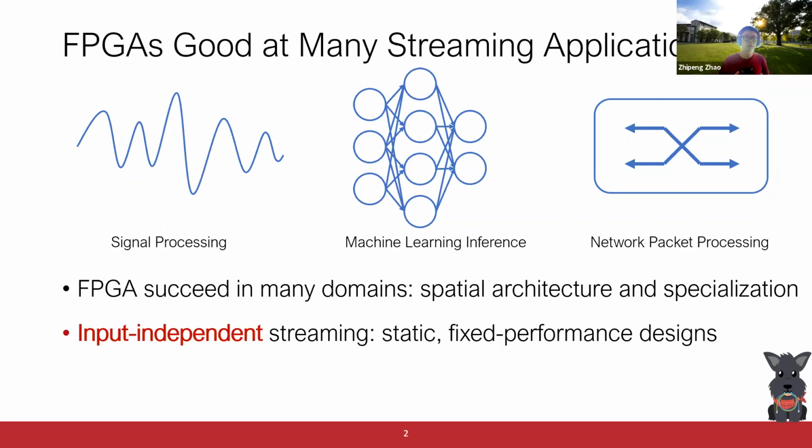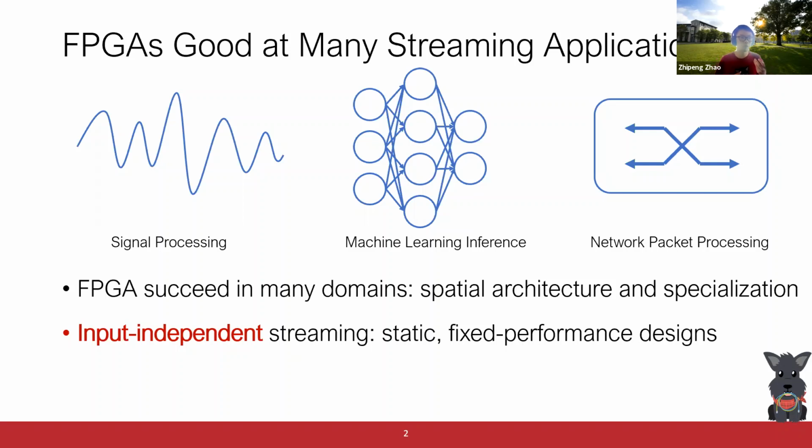However, most of the successful accelerations focused on input-independent streaming applications, where the operations on the FPGA do not depend on the content of an input unit. For instance, in a streaming machine learning inference FPGA design, different images will be accessed by the same pipeline stages on the FPGA, yielding the same performance.